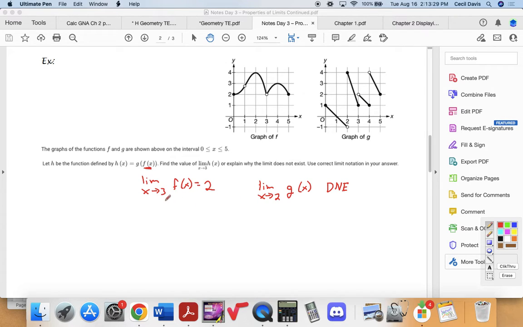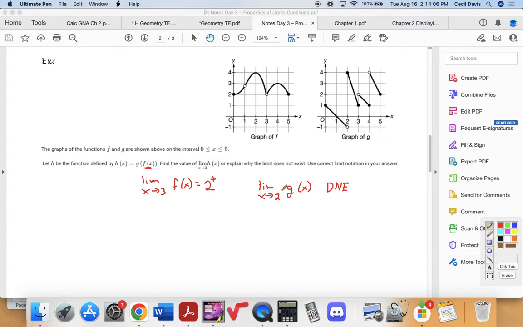As x approaches 3, f of x does approach 2, right? But notice, does it ever approach values of 2 that are less than 2? Or is it only values of 2 that are greater than 2? As we approach 3, these are all values bigger than 2, right? Everybody agrees with that? So this actually approaches 2, but only from values larger than 2.